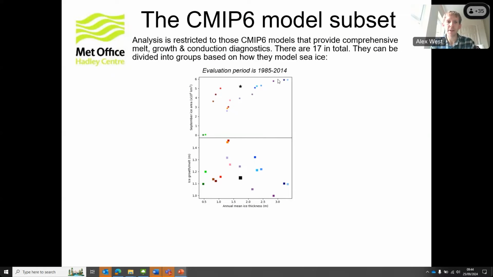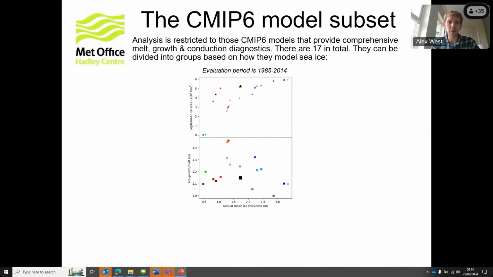You can see, as you expect, a relatively strong positive correlation between annual mean ice thickness and September ice area, albeit with variation within that. And here it's plotted against the amplitude of the sea ice thickness seasonal cycle. I mentioned earlier that intrinsic sea ice feedbacks tend to mean that thin ice grows and melts more than thicker ice.